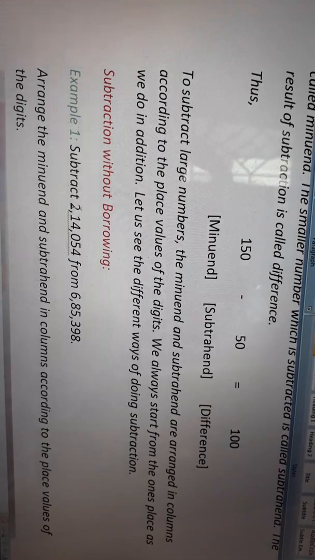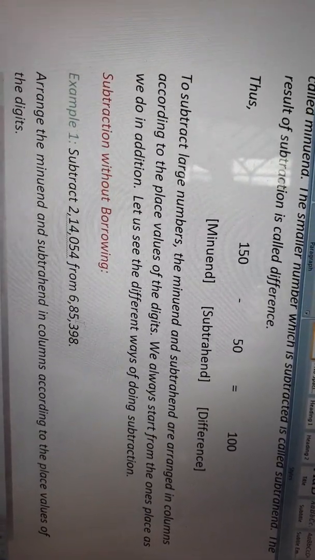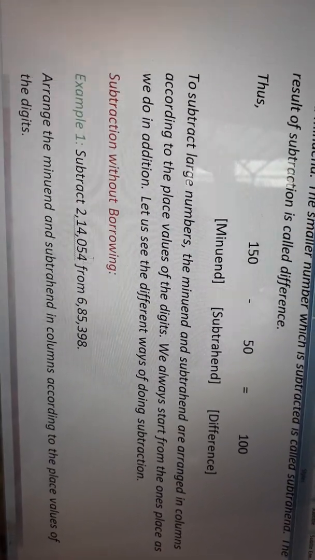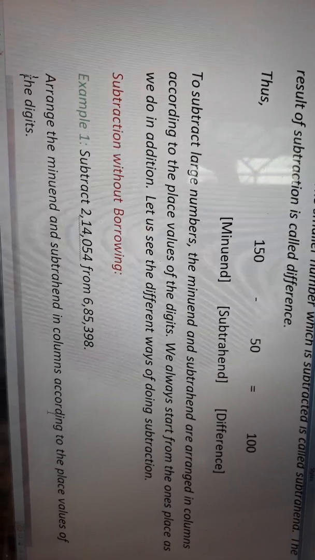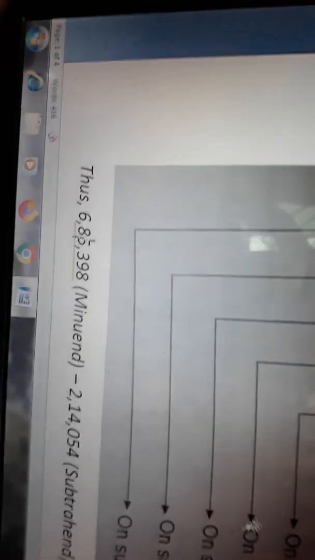In this example, 2,14,054 is the subtrahend and 6,85,398 is the minuend. So at first you write it this way, then we will start the subtraction from the ones place.